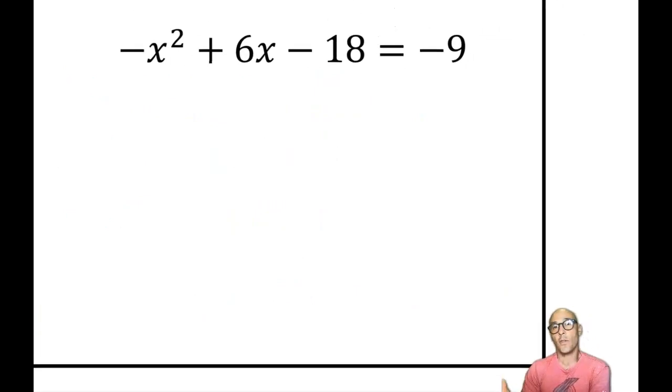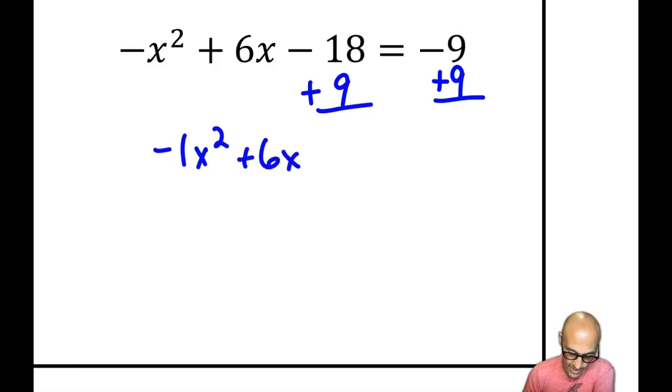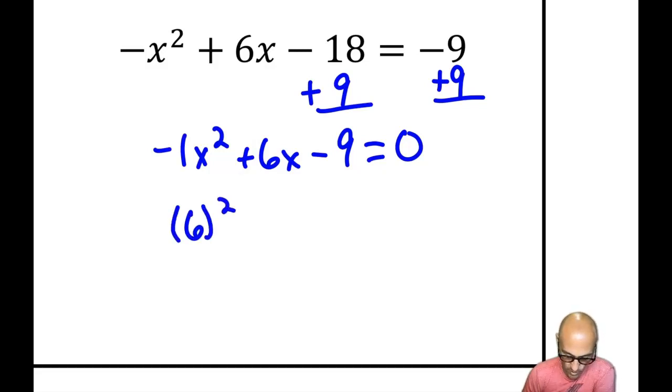And uh-oh, this one doesn't equal 0. Don't worry, we just add 9 to both sides. We get negative 1 x squared plus 6x minus 9 equals 0. So again, it's b squared, so 6 squared minus 4 times a times c.